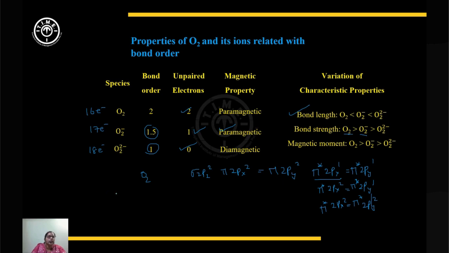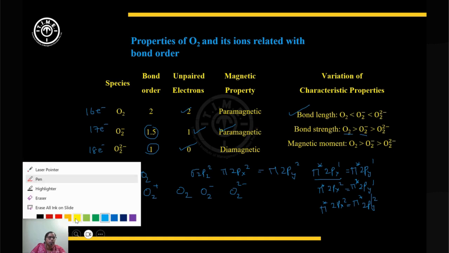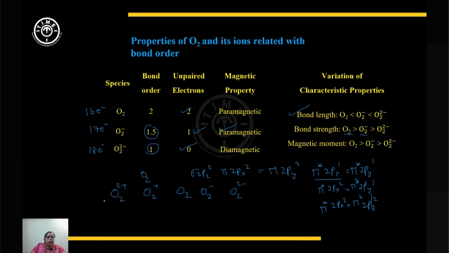Similarly, we can also consider O2 2 plus, O2 plus, O2, O2 minus, O2 2 minus. If we check the number of electrons here, this is 14 electrons, here 15 electrons, this is 16 electrons, this one is 17 electrons, and here 18 electrons.